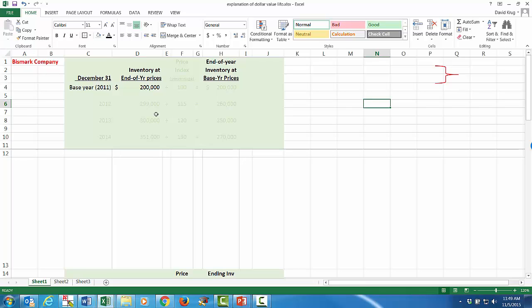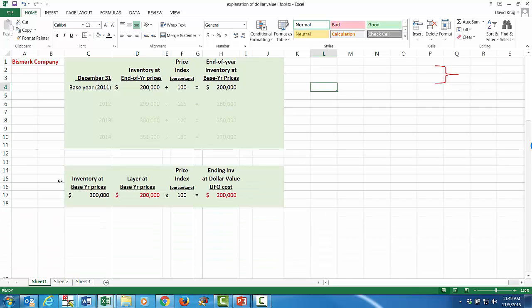Now, this seems kind of silly the first year, because the end of year prices and the base year prices are going to be the same, because we're in the base year right now. The price index in the base year is 100. So if we divide the inventory at end of year prices of $200,000 by 100%, or 1.00, we get the inventory at the end of the year at base year prices. That seems kind of goofy.